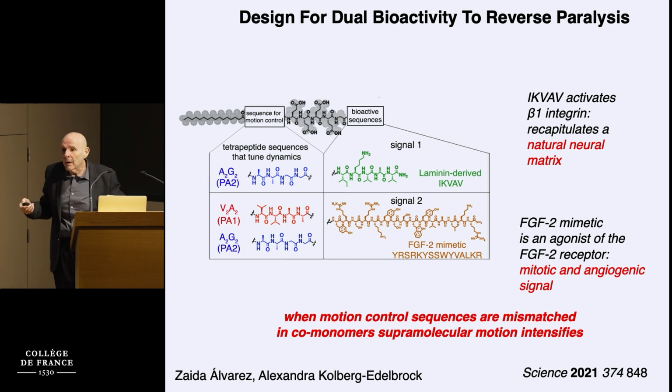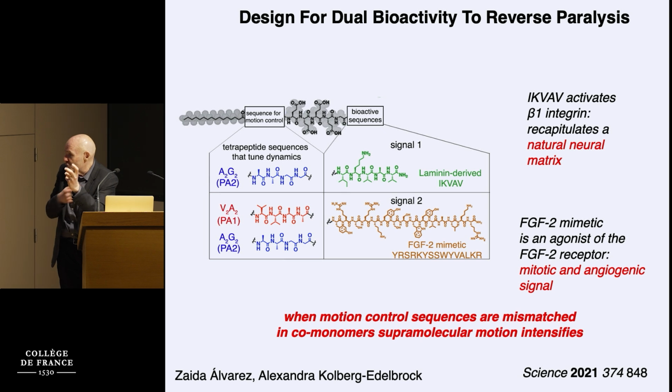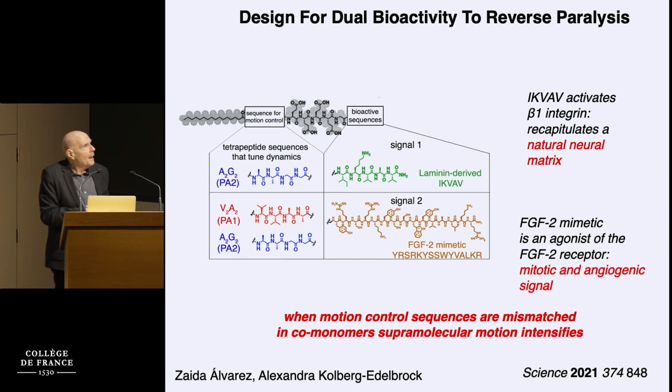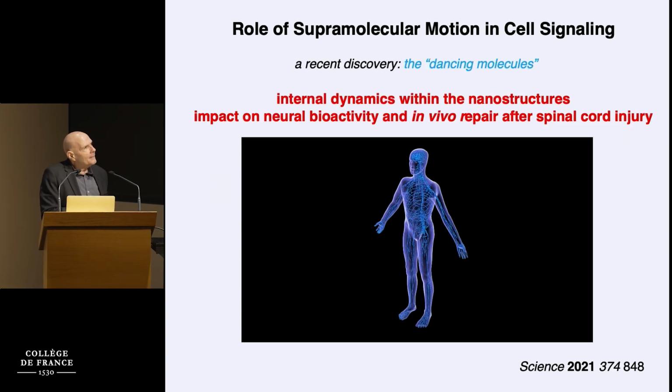So they phase separate inside the fiber, and then they make clusters of the minority one, which is the FGF2, and those clusters that you saw in that movie before are the ones signaling. So for good signaling, you need clustering, and you need dynamics too. You need both. And so then the paralysis is restored.